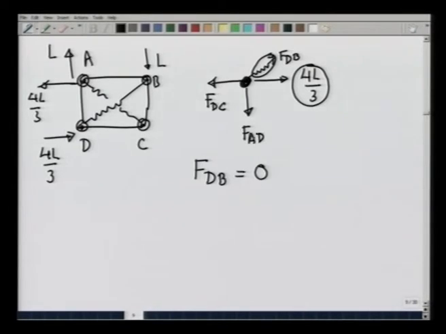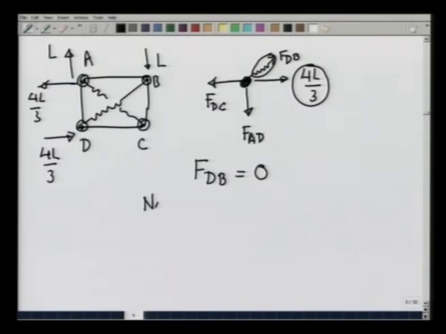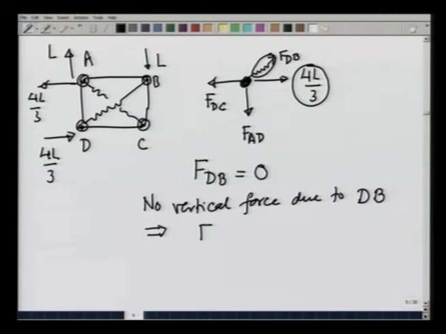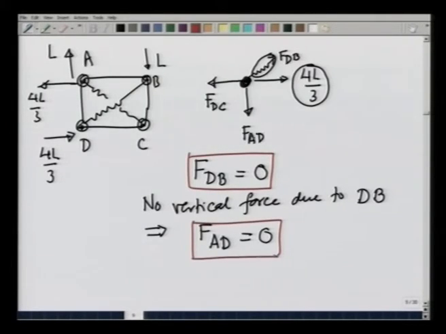If F DB is 0, that means there is going to be no vertical component of force due to element DB. This also implies that F AD is equal to 0. So, we have found two forces: F DB, which is 0, and F AD, which is 0.